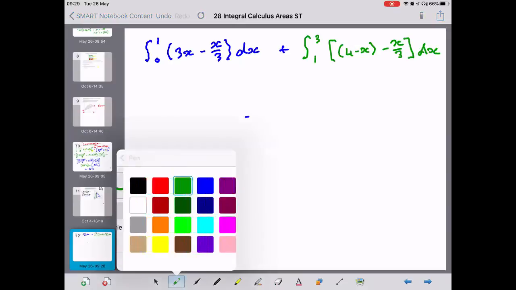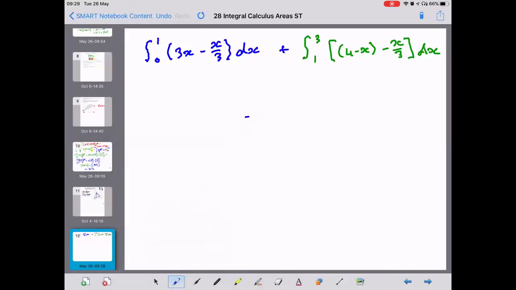Now, integrating the blue bit. It's going to be 3x squared over 2, add 1 to the index divided by the new index, minus x squared divided by the new index, we're going to have 3 times 2 on the bottom, which is 6. Close the brackets, and that's between 1 and 0.